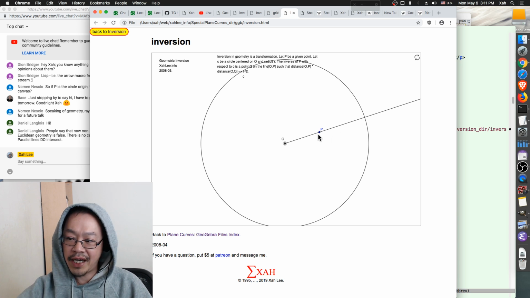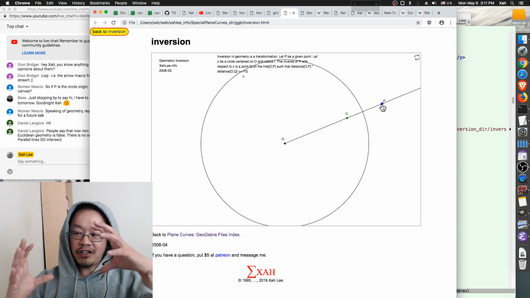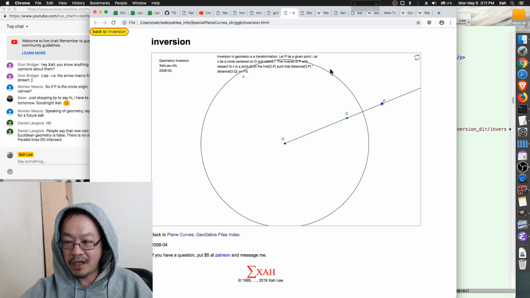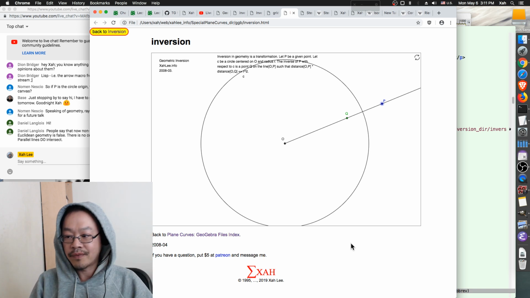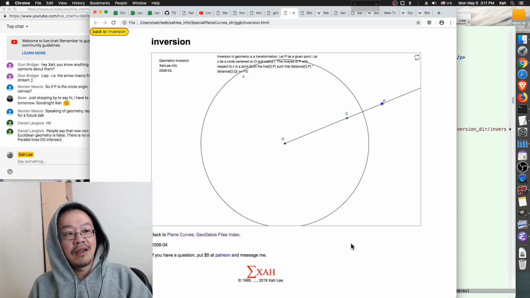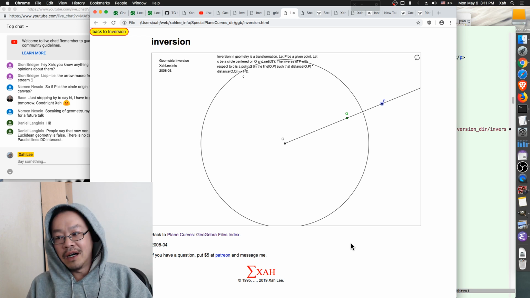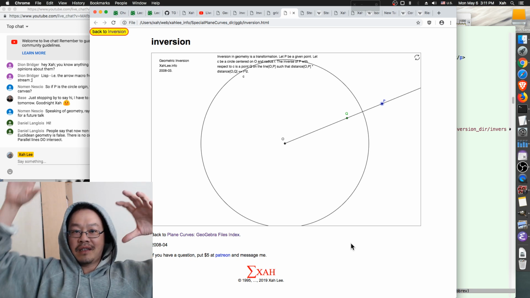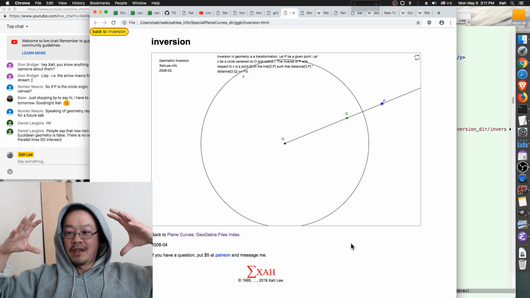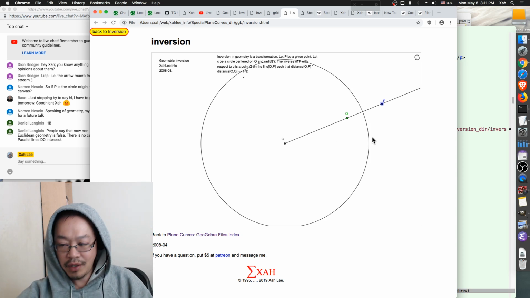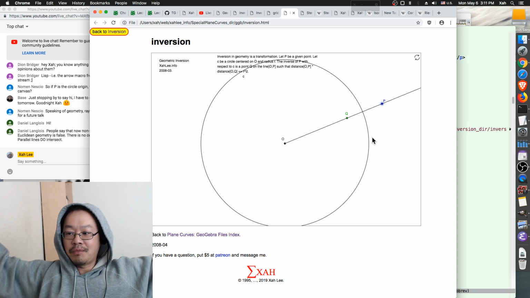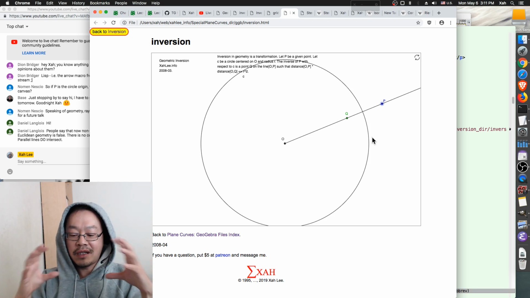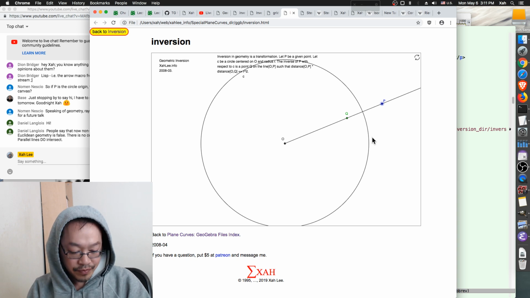Just like the 2D case, we can see the 2D case here, but imagine this is three-dimensional, where this circle is a three-dimensional sphere. In this way, any point in space will have a new position. Again, just like the two-dimensional case, any point outside of the sphere will be mapped to a point inside of the sphere.